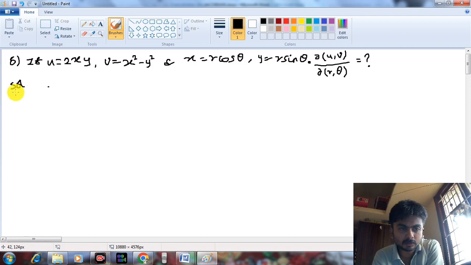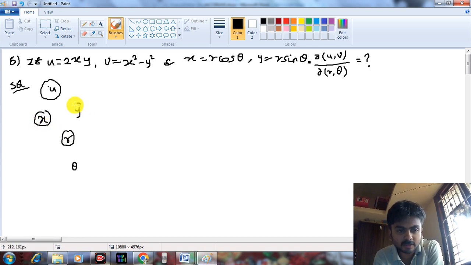So here u is a function of x and y, and both x and y are functions of r and theta.